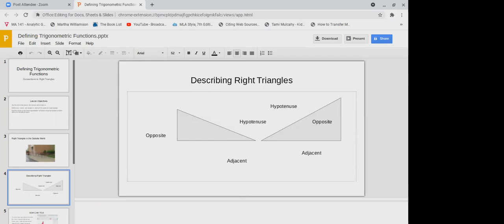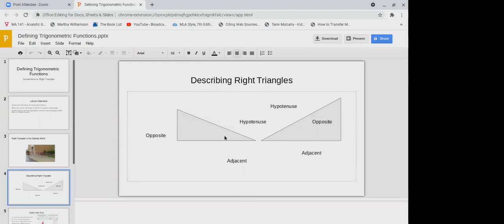In the left-hand picture, we look at the angle on the right-hand side, the smallest angle in the triangle. The side opposite the angle is the side across from the angle. If you have a difficult time identifying opposite, draw a line from your angle to the side that's across from you, and that's opposite. When somebody sits opposite you, they're sitting across from you. So that's the opposite side.